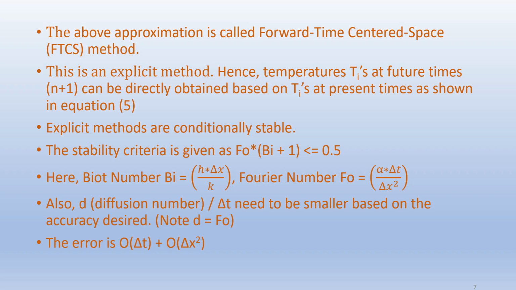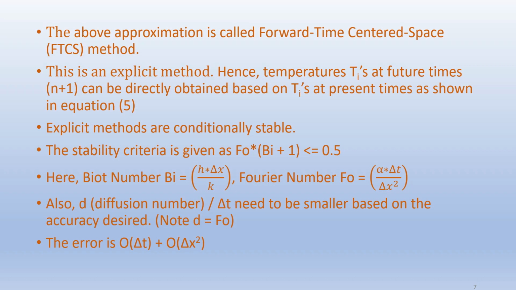for this type of problem is given as F4 times Bi plus 1 should be less than or equal to 0.5. Here Bi represents the Biot number, which is equal to h times delta x over k, and F4 represents the Fourier number, which equals alpha times delta t over delta x squared.